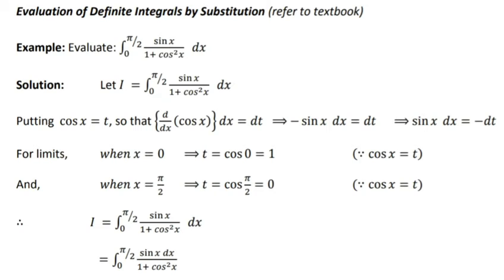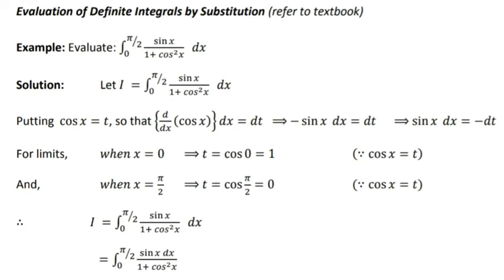So we shall solve this by the method of substitution, and let us put cos x equal to t, and by the theory we discussed last time, cos x equal to t implies minus sine x dx will be equal to dt.